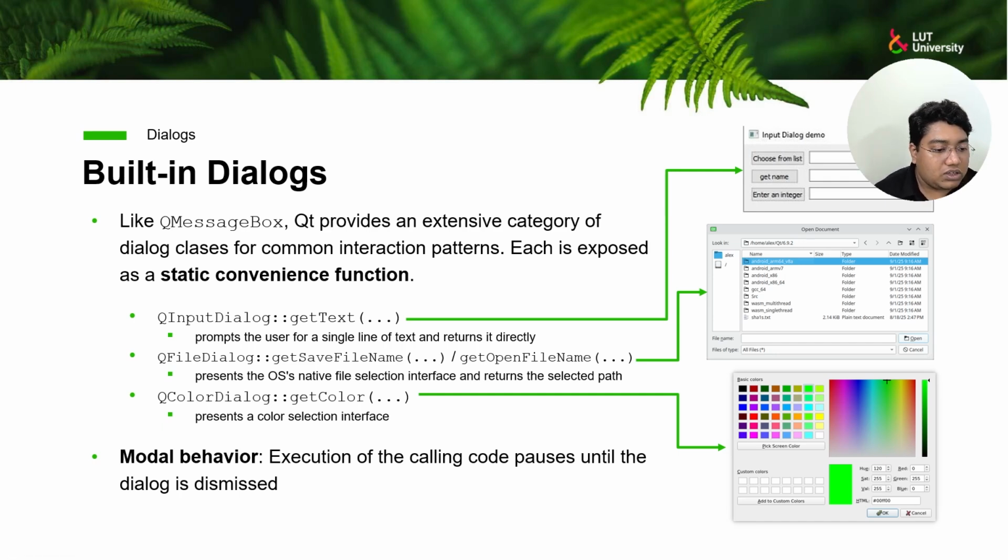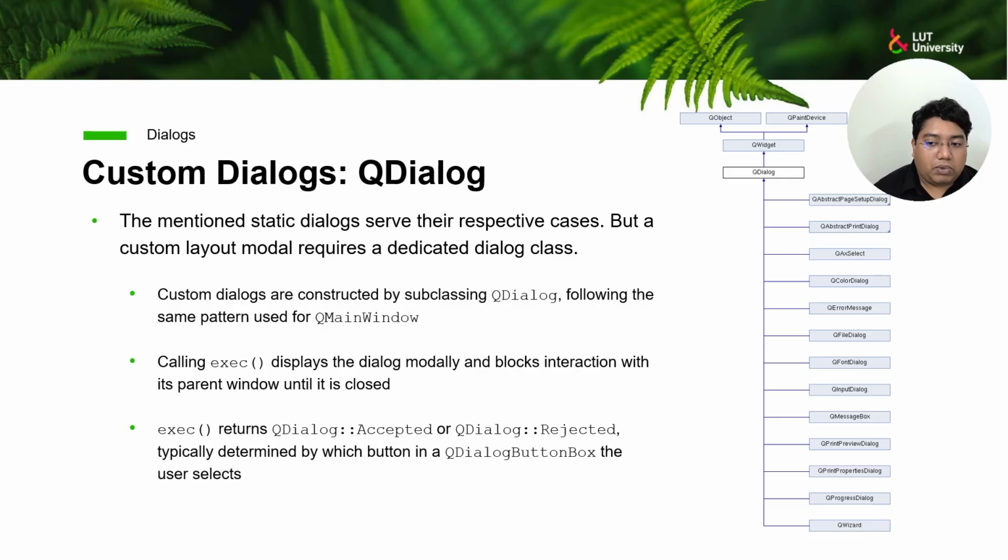All of these dialogs share one important characteristic. They are modal. When one of these dialogs opens, execution pauses until the user makes a decision. But eventually you will reach a point where the built-in dialogs aren't enough for you. So perhaps you need several text fields, maybe a few checkboxes, perhaps some validation rules, or maybe a completely custom layout.